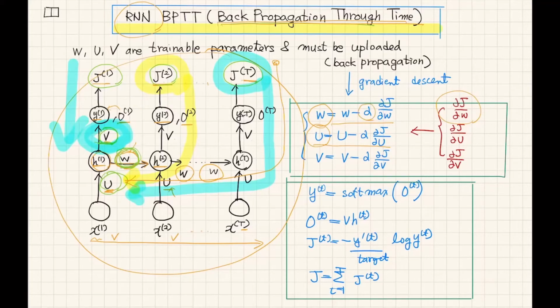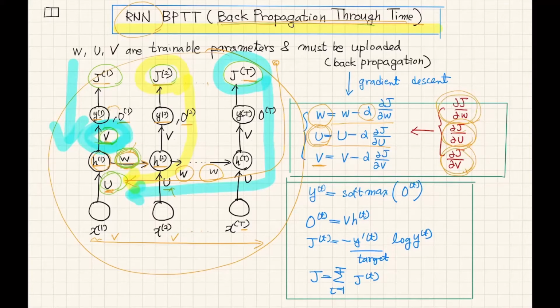In order to update, to train U, we need to calculate the derivative of J with respect to U. In a similar way, when you are updating V, you also have to be able to calculate the derivative of J with respect to V. So backpropagation through time means you have to derive all these equations.